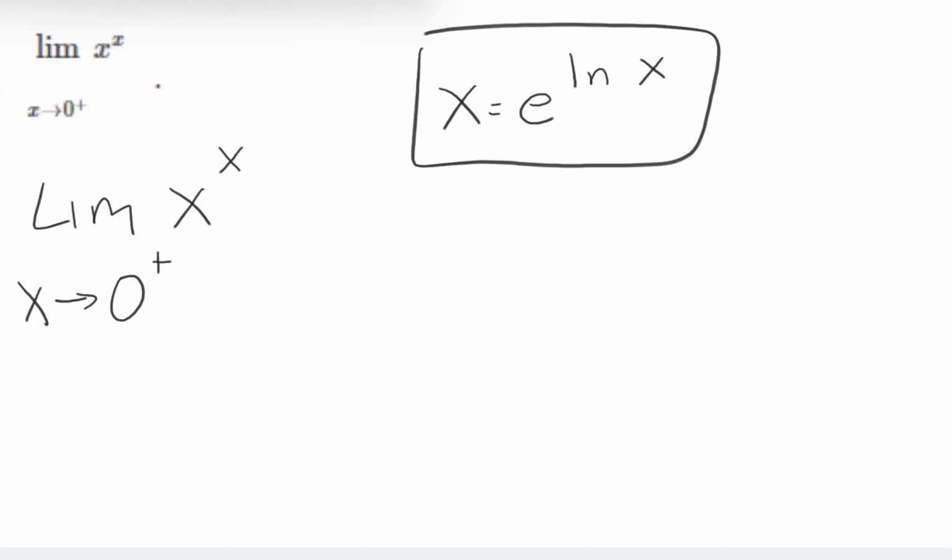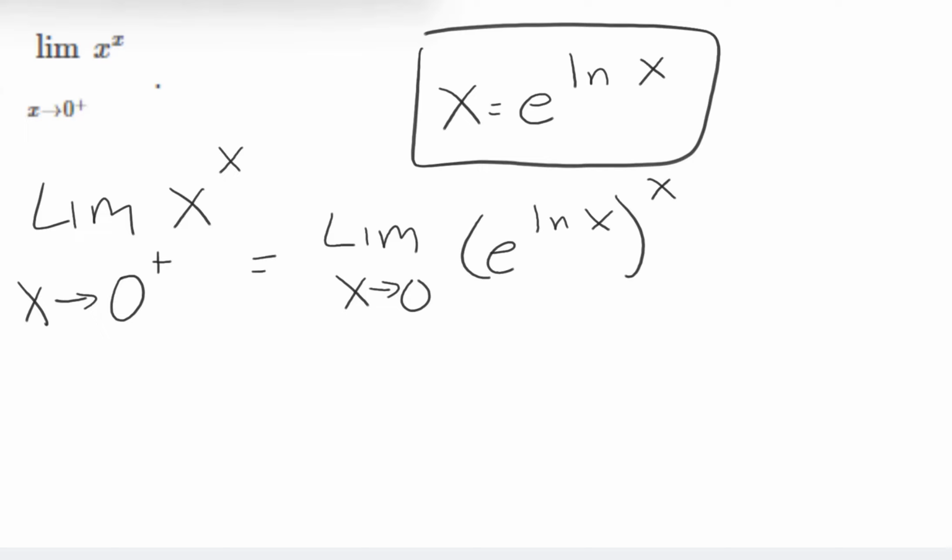So I can change this limit to e to the ln of x, to the x power. Correct? Is that true? Okay. Which means this is now the limit as x goes to 0 of e to the x ln of x. Right? Based on the power rules?